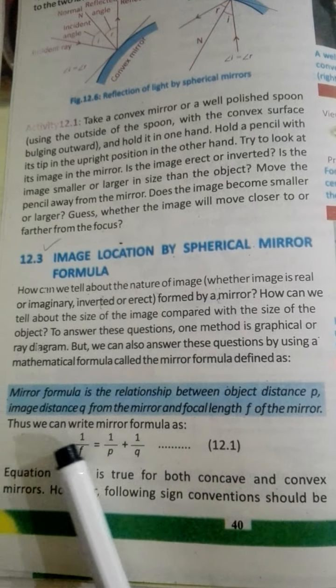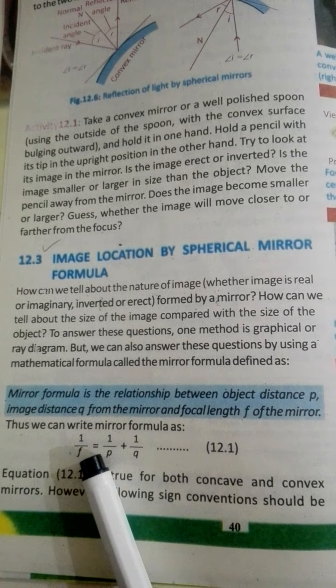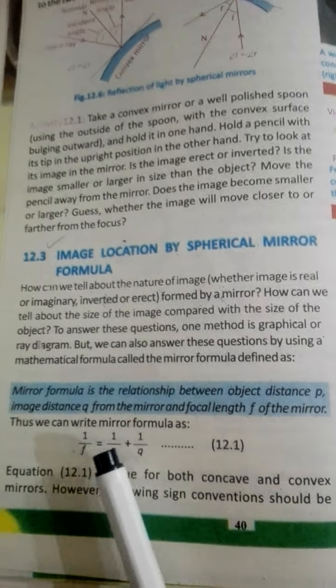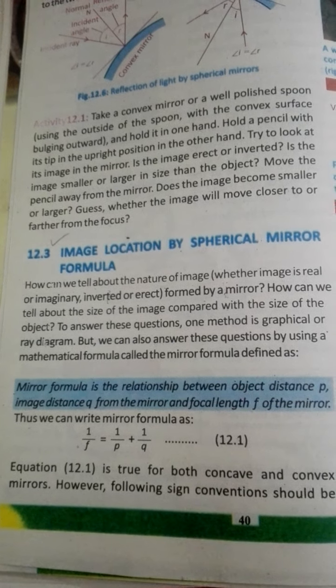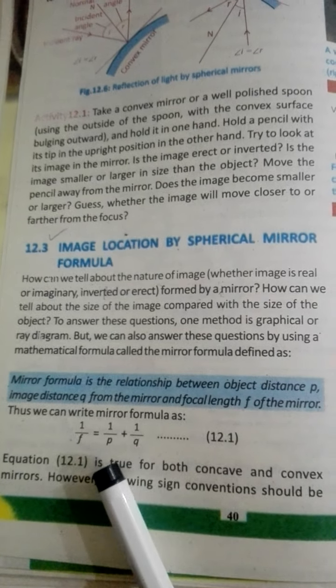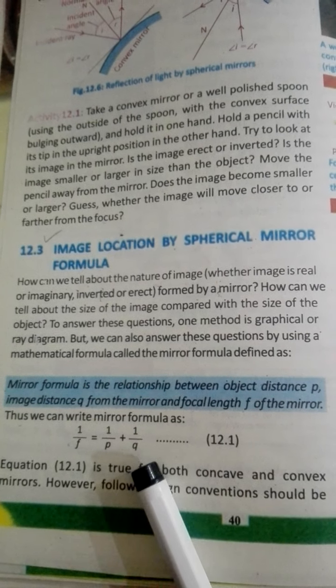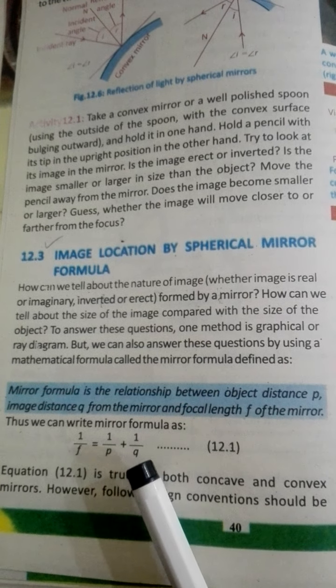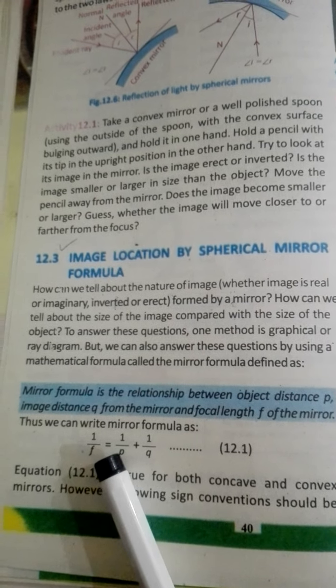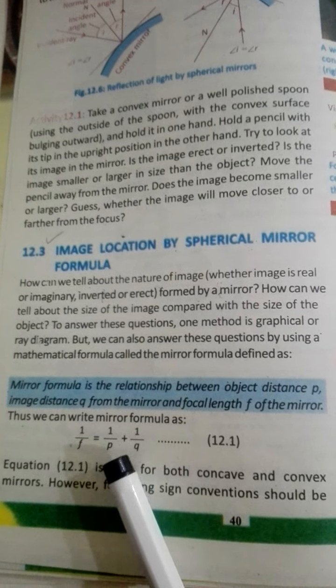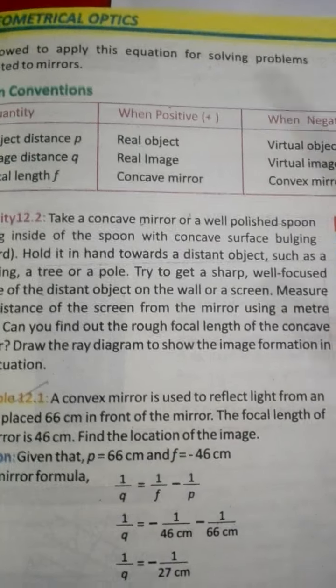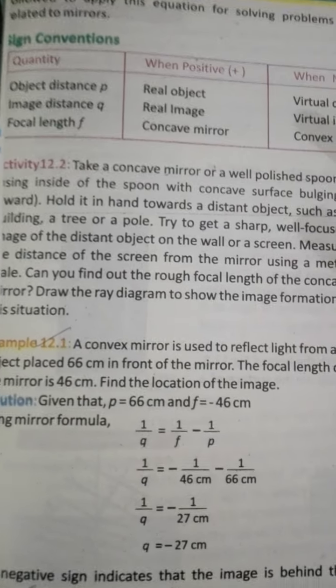It is written as 1 over f equals 1 over p plus 1 over q, where p is the object distance and q is the image distance. Then we can solve any problem with the help of this formula.